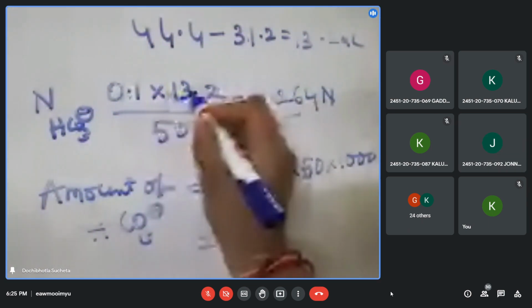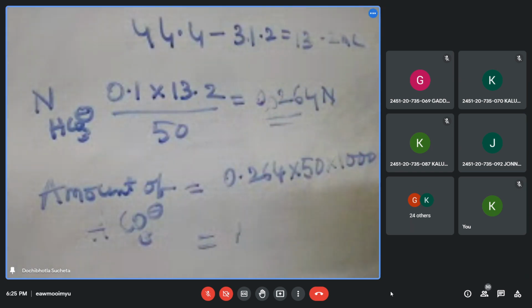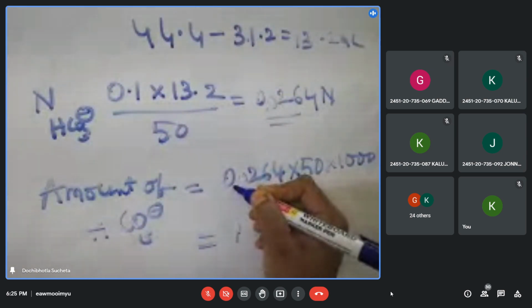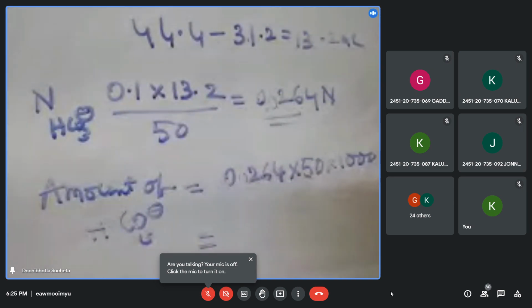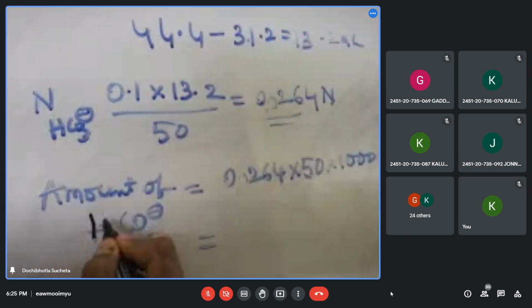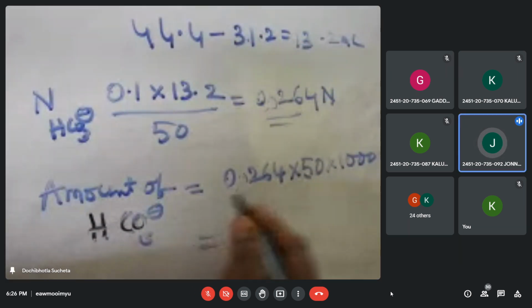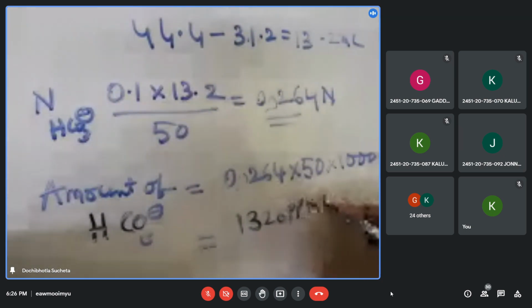Because there are two dots here, only one dot here. It will be 0.0264. So after multiplying, 0.0264 into 50 into 1000, what's the answer? 1,320, ma'am. Yes, 1,320 ppm calcium carbonate equivalents.